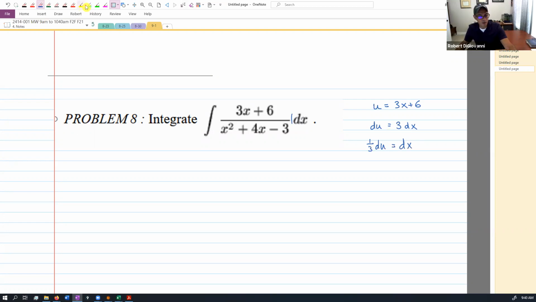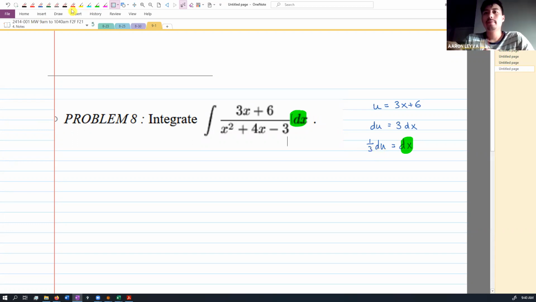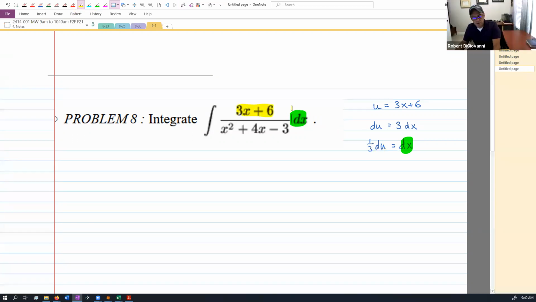And then Aaron, do you agree at this point that I could replace dx right there with 1/3 du? Yes. Okay, and do you agree that I could replace the 3x plus 6 with u? Does everyone agree with that? Yes. So right now, as we sit, I could put u on top over x squared plus 4x minus 3, and then replace the dx with 1/3 du.